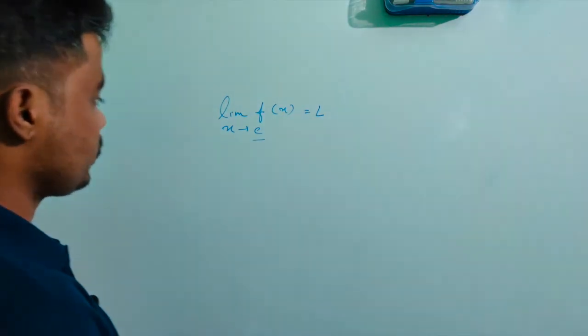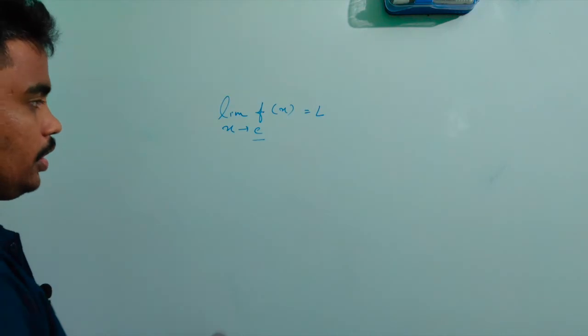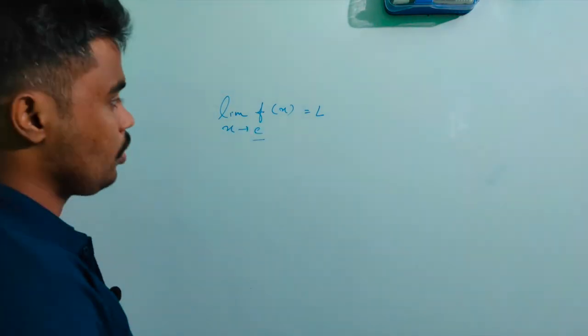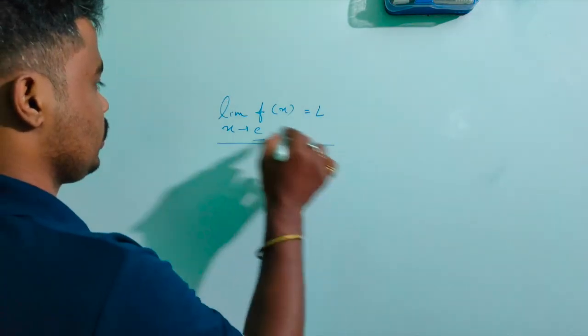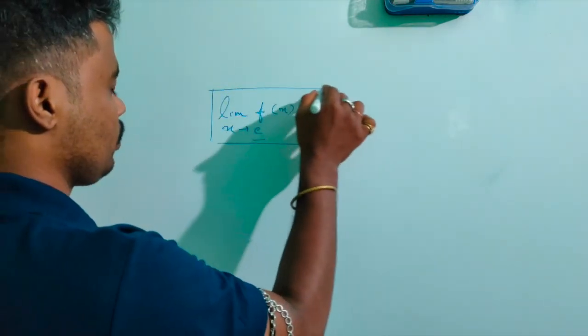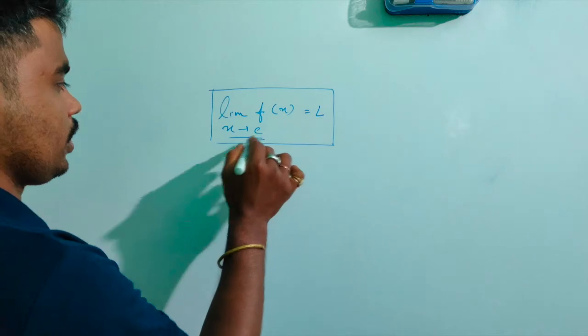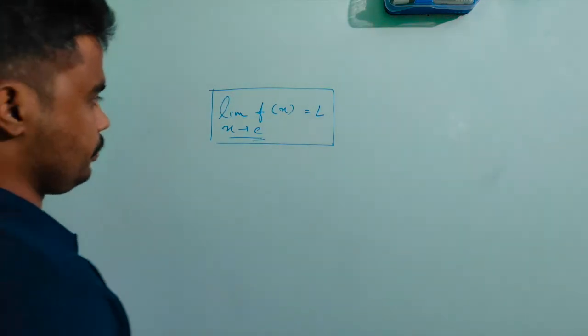Then when x is approaching towards c, if the output value of the function f of x is approaching towards L, then we can say the limiting value of the function is L when x tends to c.